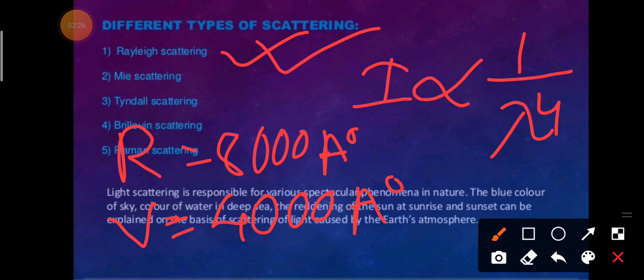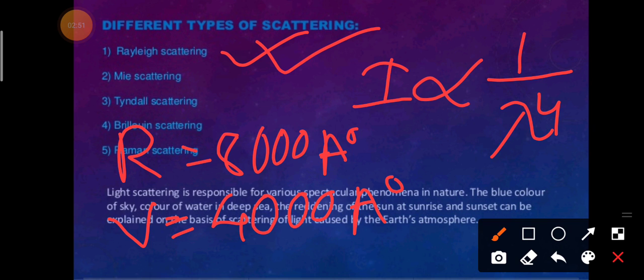Due to this reason, whenever light from the sun reaches the earth's surface, it has less intensity of violet light, in fact the least intensity of violet light, and the red light has the highest intensity. So most of the red light actually reaches the earth's surface.